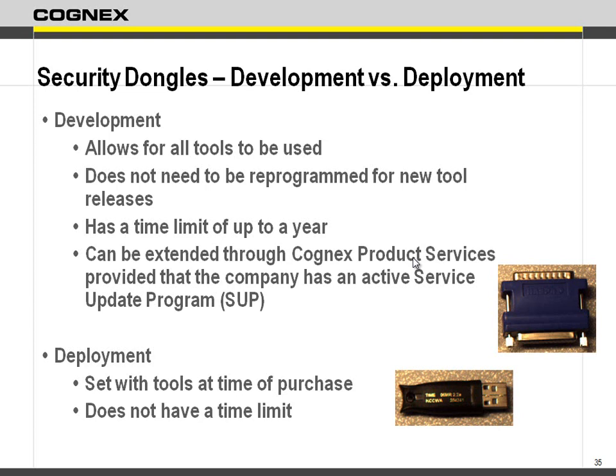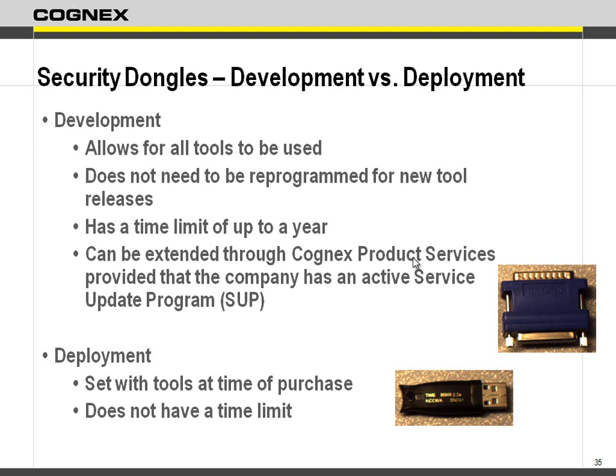Okay? Now you can also get deployment dongles. Deployment dongles are not time-based. When you buy it, it's good for the life of that dongle. It doesn't expire. These are for people who are trying to deploy their system, but they're using GigE cameras or FireWire and want to use a dongle-based license. So you choose which tools you have.